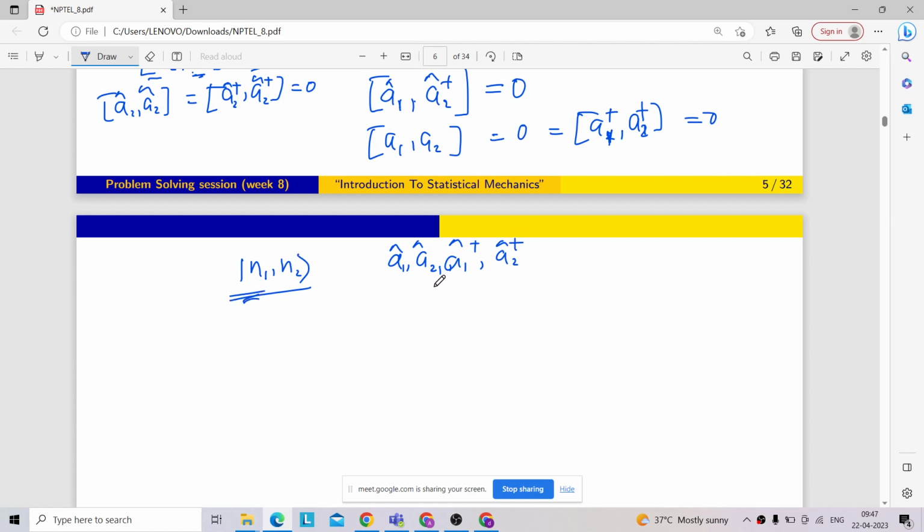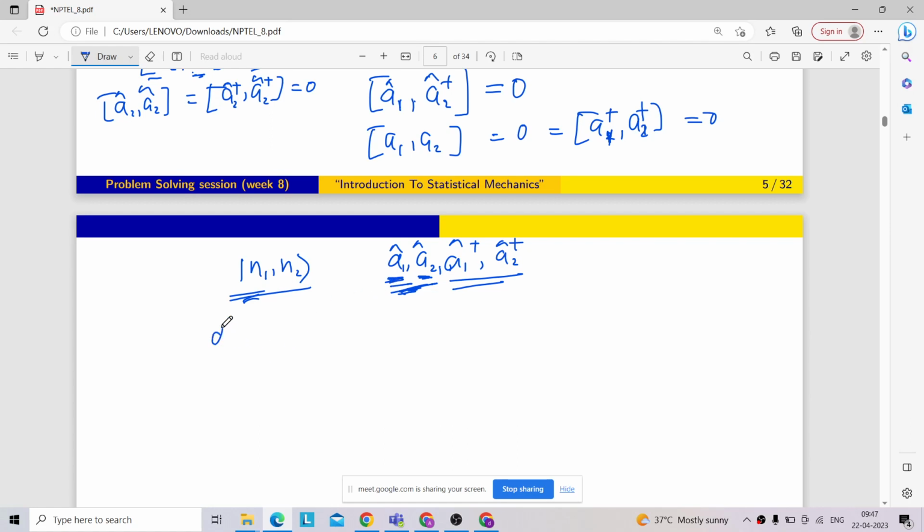As I told you earlier, the annihilation operator will annihilate a particle and a creation operator will create a particle. But these are for two different systems. A1 is for the first system and A2 is for the second system, so they will annihilate a particle in their own system.